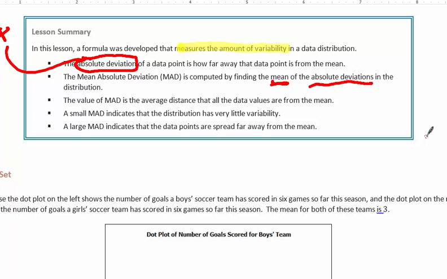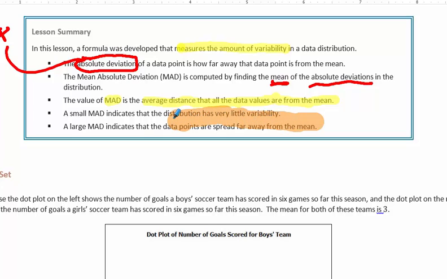The value of MAD is the average distance that all the data values are from the mean. Please pay attention to this part, your definition of the MAD. The average distance that all the data points are from the mean. A small MAD indicates that the distribution has very little variability, and a large MAD indicates that it has very large variability.